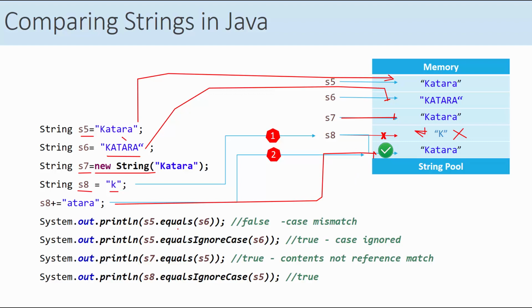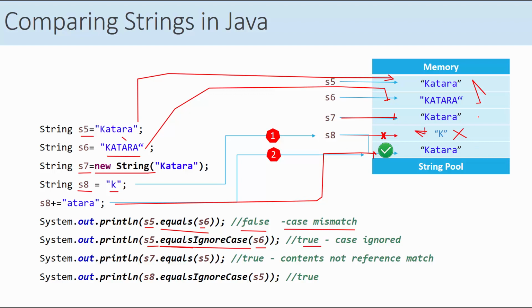However, the equals method compares the content, not the references. So S5 equals S6 will be false, simply because of the case mismatch. You see here, there are two different strings. But if you use S5 equalsIgnoreCase S6, the output will be true because you don't care about the case. Again, S7 and S5, yes, it's true.